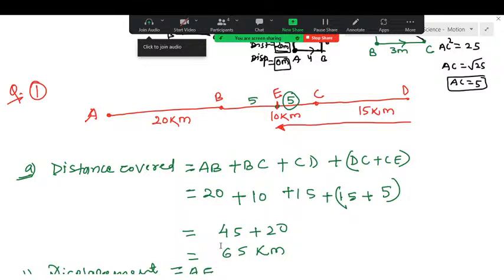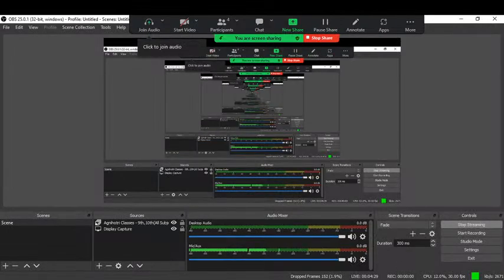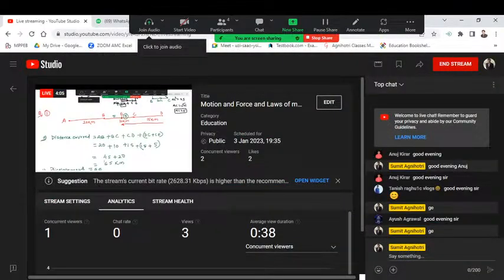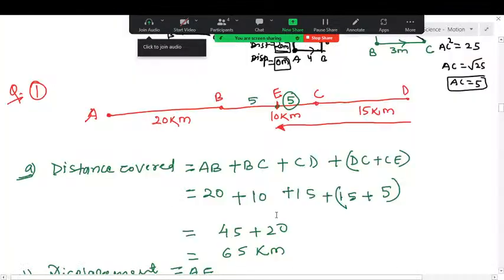Exactly. Yeah, you categorized it, it's nice.